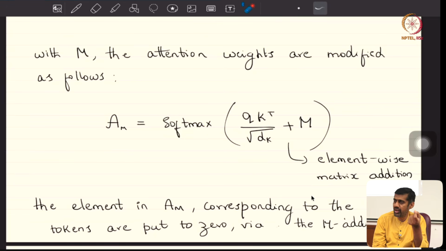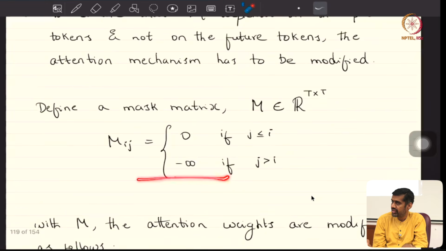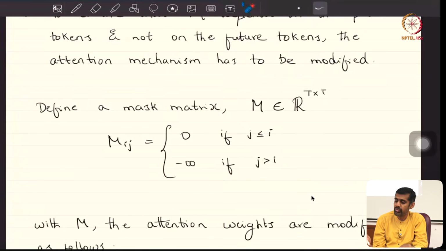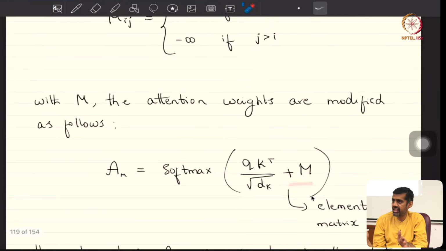Can you see that this is a triangular matrix? Because it is a triangular matrix, whenever j is greater than i, where the dependence is on the future, m is minus infinity, and e power minus infinity goes to 0, so it pulls all those values to 0, and for the other values it doesn't touch them. This is called the causal attention mask.